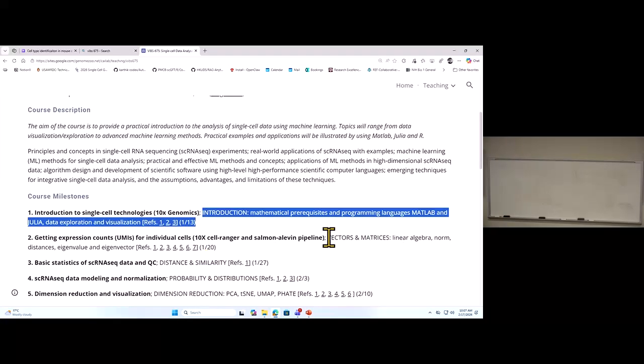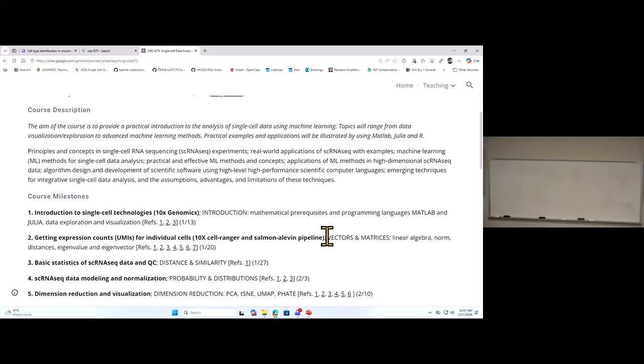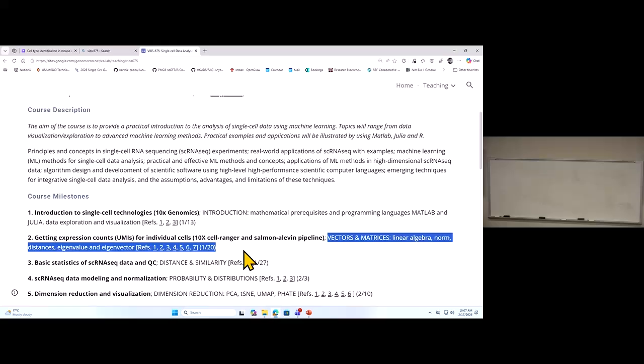In week 2, we had this introduction of the multiplication of matrices and vectors. We mentioned eigenvalues, eigenvectors, and introduced the idea of using a squared matrix as a rotation matrix.